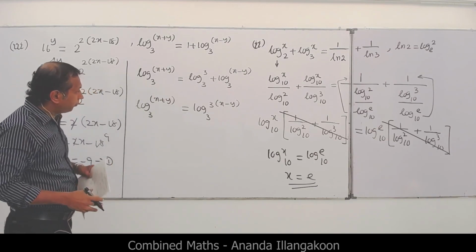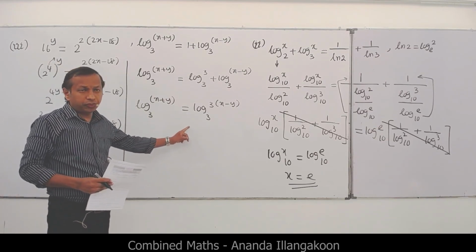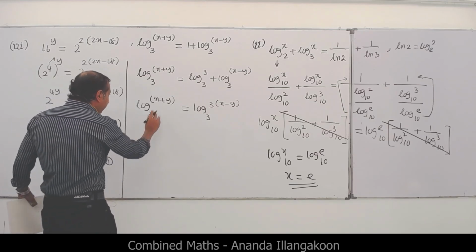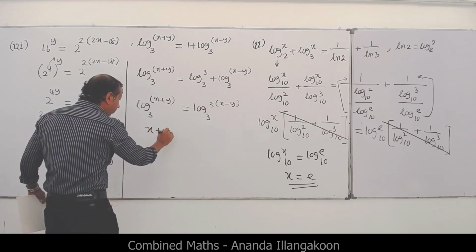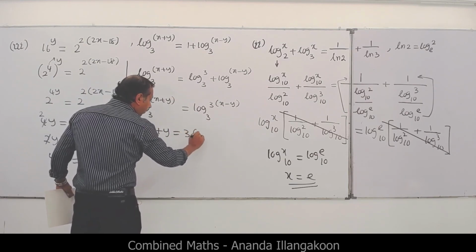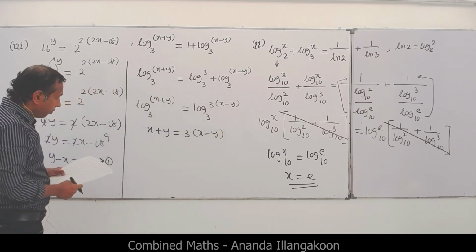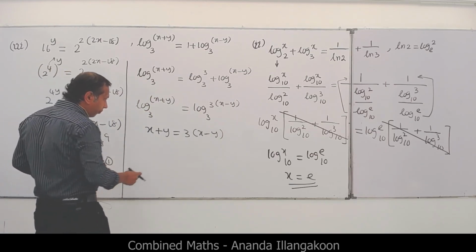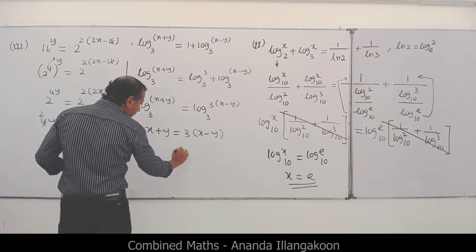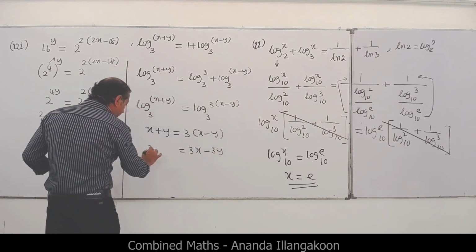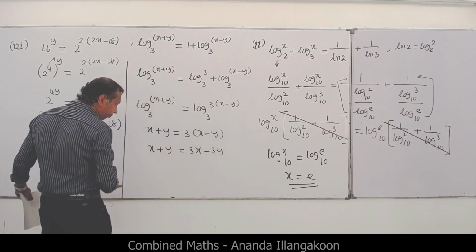Now here also we can remove log from both sides. Then we get x plus y is equal to 3 times x minus y. Okay. Simplifying this, we get what, people? Here we get 3x minus 3y. Here we get x plus y.